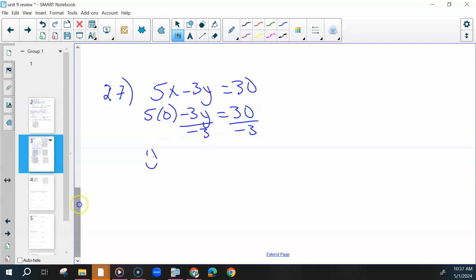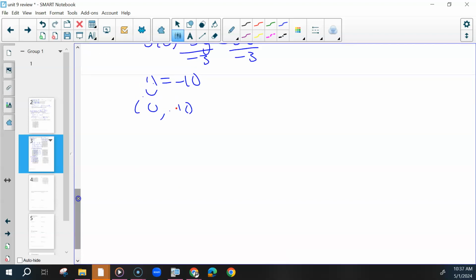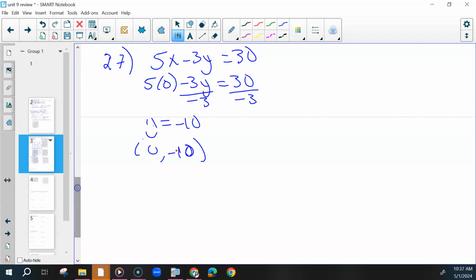Y is -10, and you would write that as an ordered pair. 0, -10. X equals 6. X would be 6.